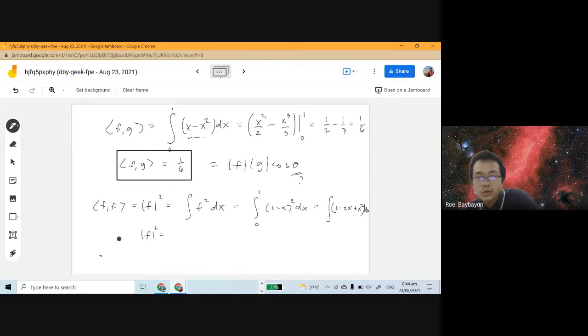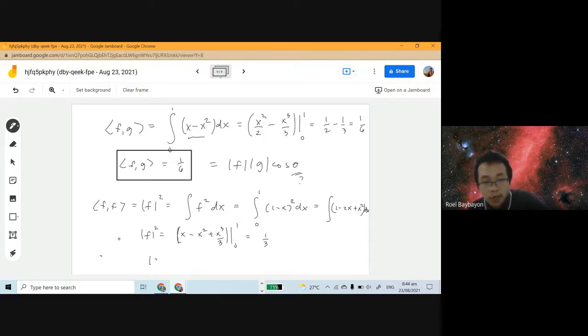So nakoy x minus x square plus x cubed over 3, okay, from 0 to 1. So this is equal to 1 minus 1, so nakoy 1/3. 1/3 ang akong f square.